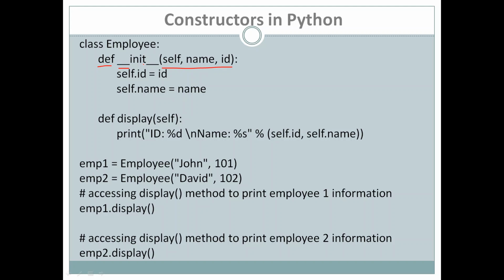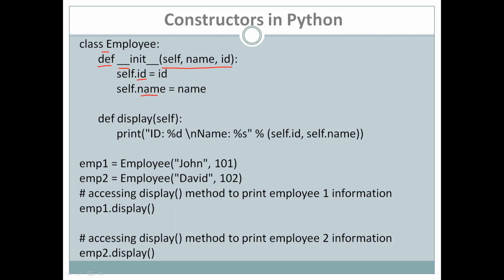Inside the init function, we have defined two variables, self.id and self.name, and the variables which are defined inside the init are instance variables. Remember, the variables which you define inside the class in Python are said to be class variables, whereas variables which you initialize inside the init are said to be instance variables.